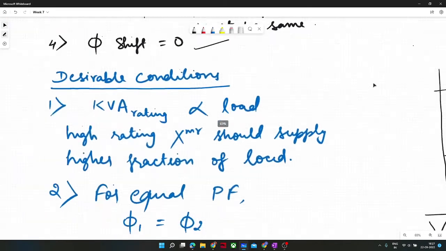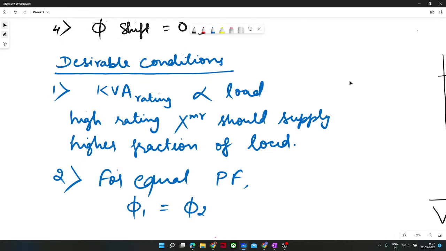Another desirable condition is to have equal power factor among both transformers. That will help us in distributing power equally. If the power factors of the two transformers connected in parallel are equal, then we do not bother to do phasor analysis. It will be a scalar.